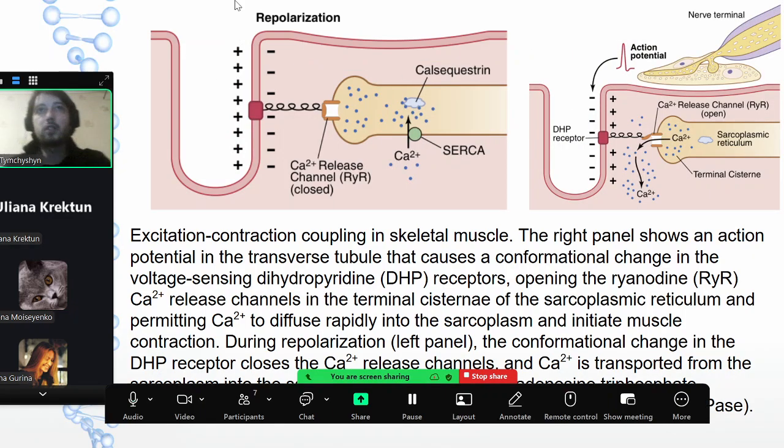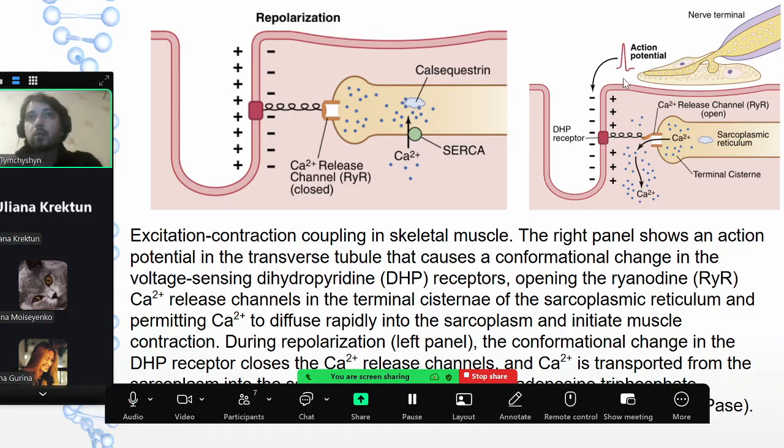Here's one more picture for you, so that's the repolarization. Here you see that the dihydropyridine receptor is connected to the ryanodine receptor and triggers the calcium release. So here you see how the process goes. Here is the nerve terminal.